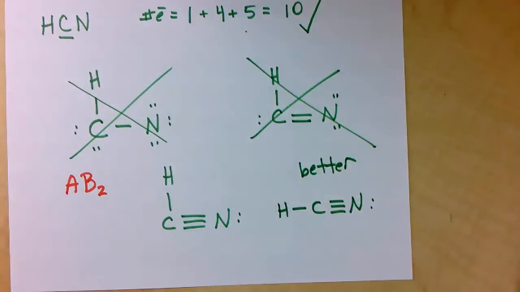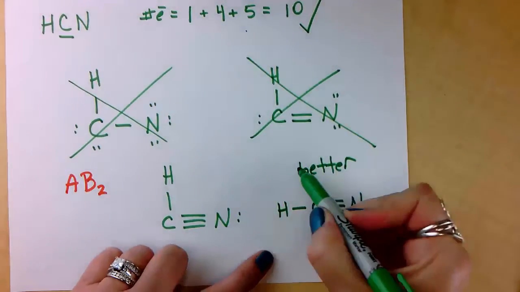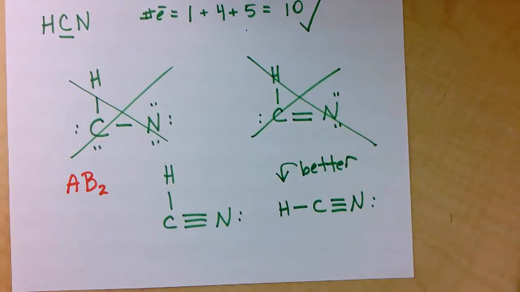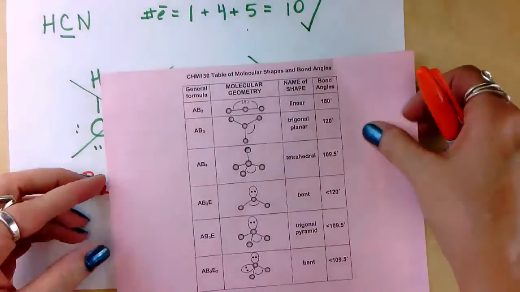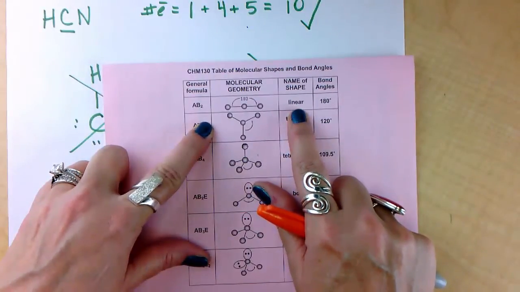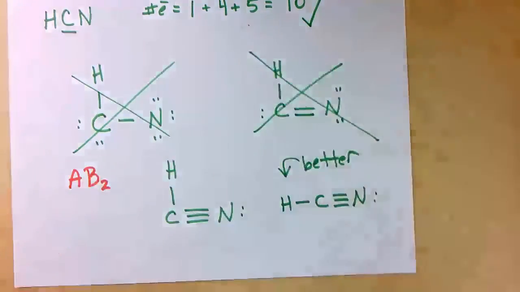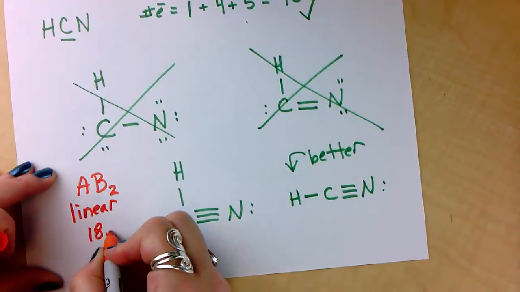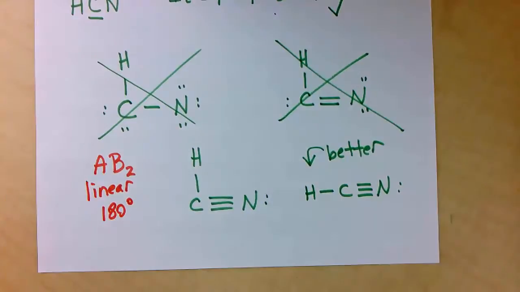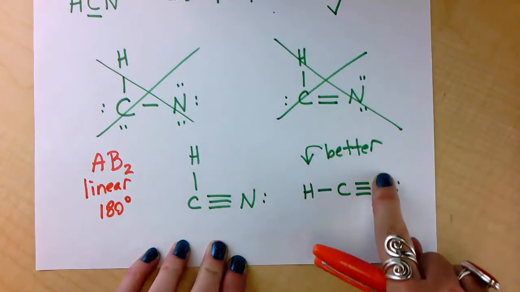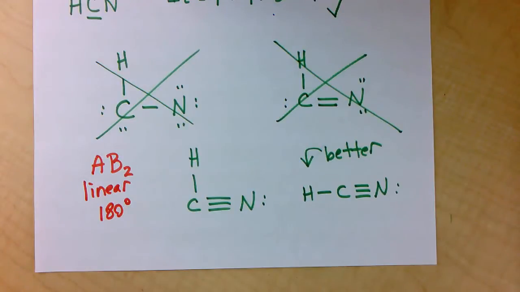It doesn't mean the Lewis dot structure is wrong, but this one is better because it more clearly reflects the shape. The shape of a straight line is, of course, linear, and the bond angle is 180 degrees. So HCN is actually a linear molecule, and the bond angle is 180 degrees.